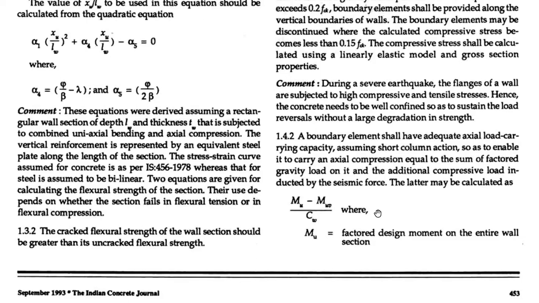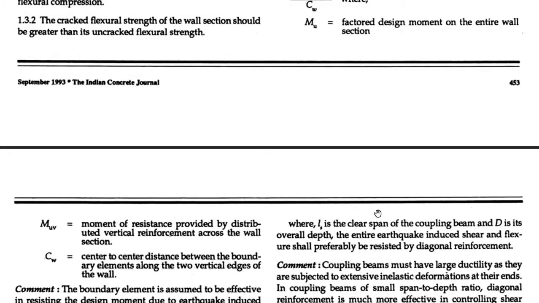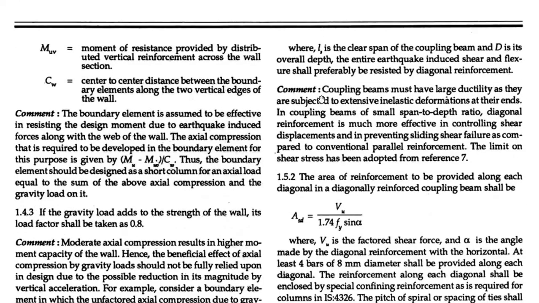The latter may be calculated as (Mu − Muv) divided by Cw, where Mu is the factored design moment of the entire wall section, Muv is the moment of resistance provided by distributed vertical reinforcement across the wall section, and Cw is the center to center distance between the boundary elements along the two vertical edges of the wall. If the gravity load adds to the strength of the wall, its load factor shall be taken as 0.8.